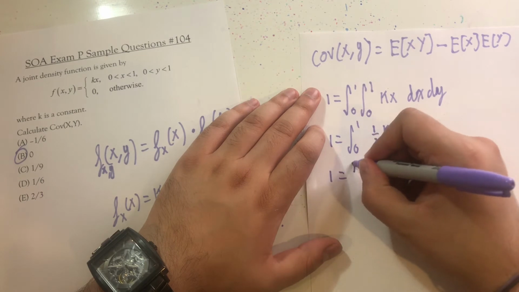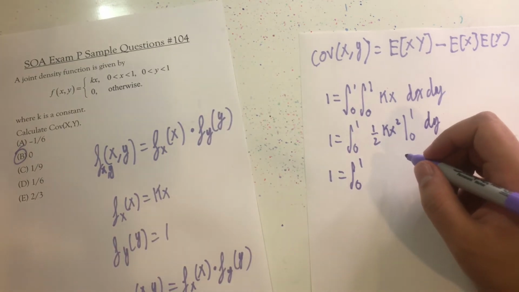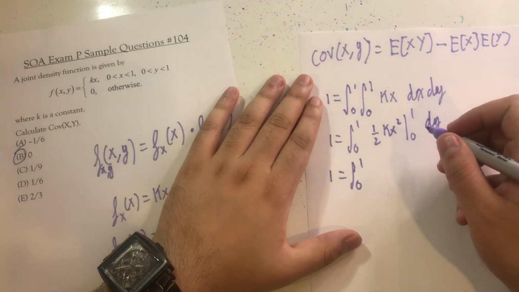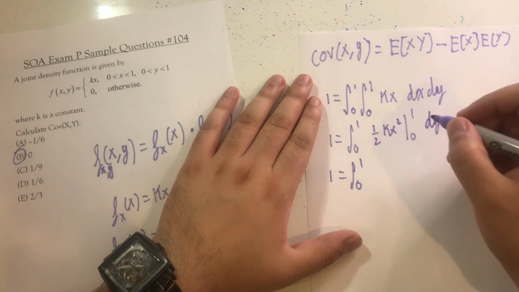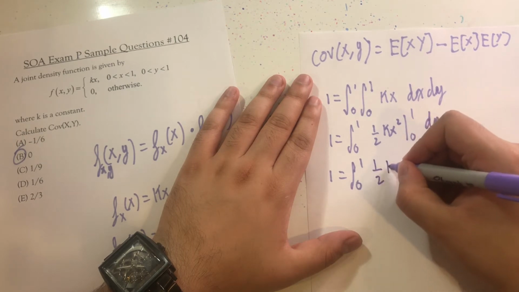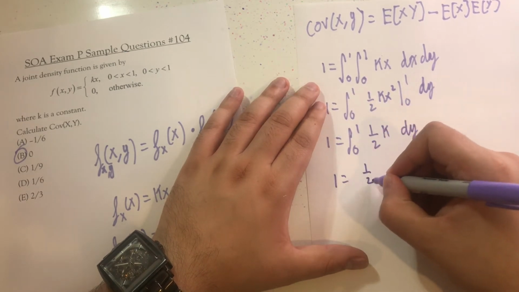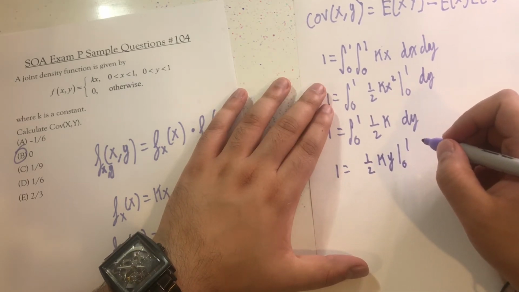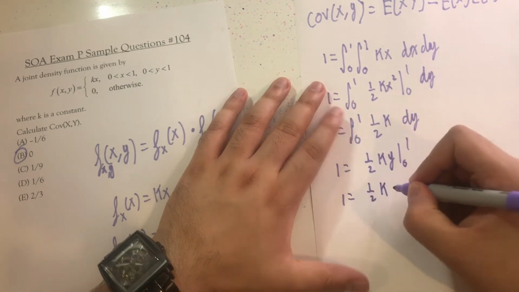And this will just be 1 is equal to the integral from 0 to 1, dy is still here, of 1 over 2k, sorry, not 2x squared, 1 over 2k, dy. And then this is just going to be 1 equals 1 over 2k y from 0 to 1. And that's simply 1 equals 1 over 2k. So k is equal to 2.